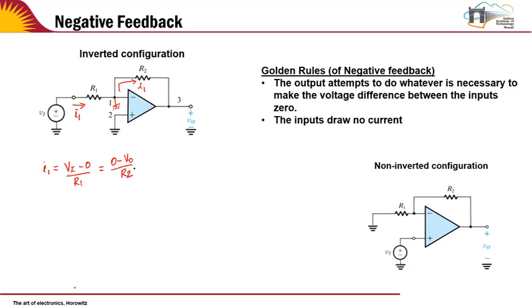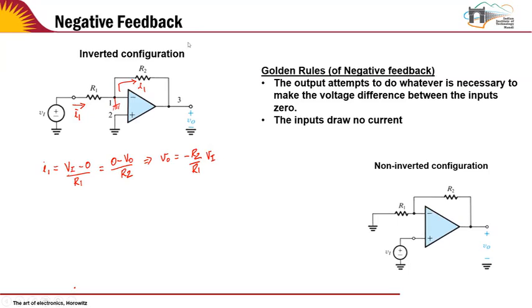It's the same I1 current. So here it is Vi minus 0 by R1, and the same thing is equal to 0 minus V out by R2. So what is the value of V0 or the V output is equal to minus R2 over R1 into Vi.